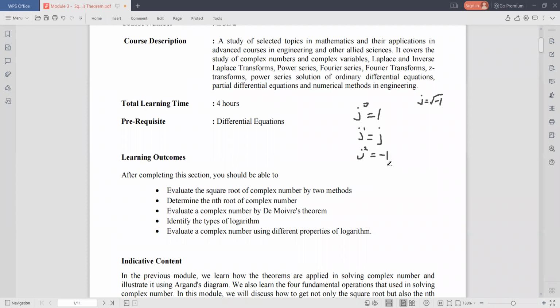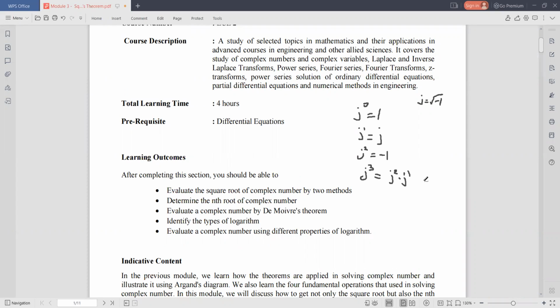How about if j raised to cube? If j raised to cube, it can be j squared times j raised to 1. Diba? J squared times j raised to 1.